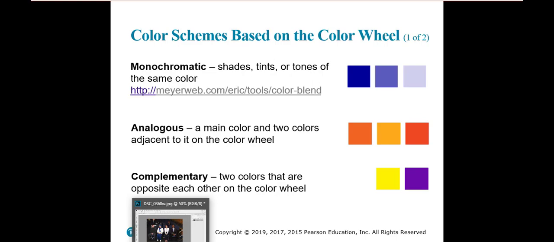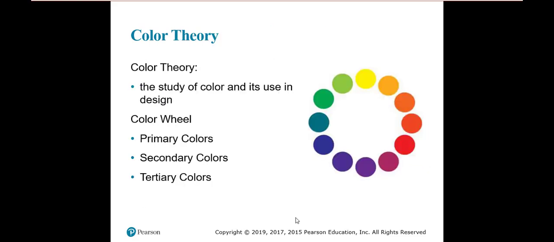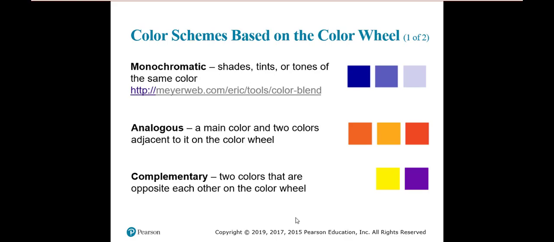Now we talk about the complementary 2 colors. Complementary 2 color basically consists of 2 colors that are opposite each other on the color wheel. The color wheel, we were talking about this color wheel, right?